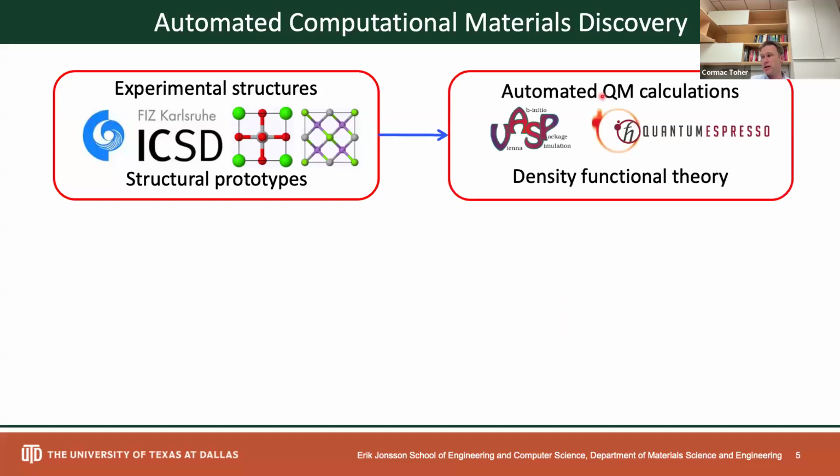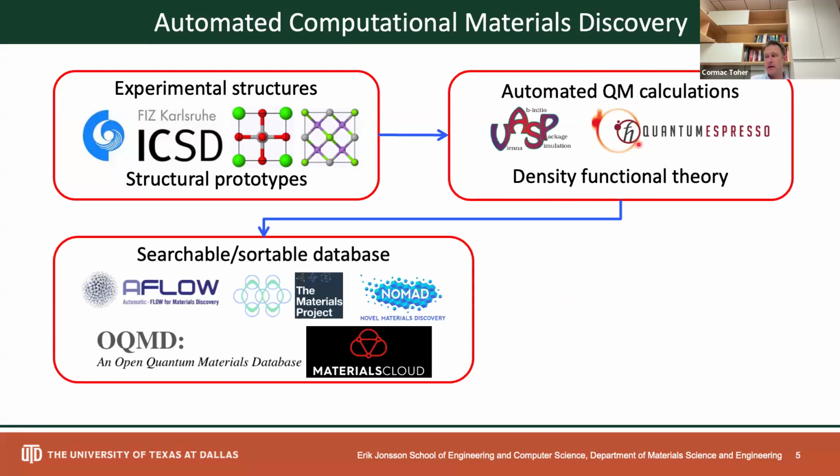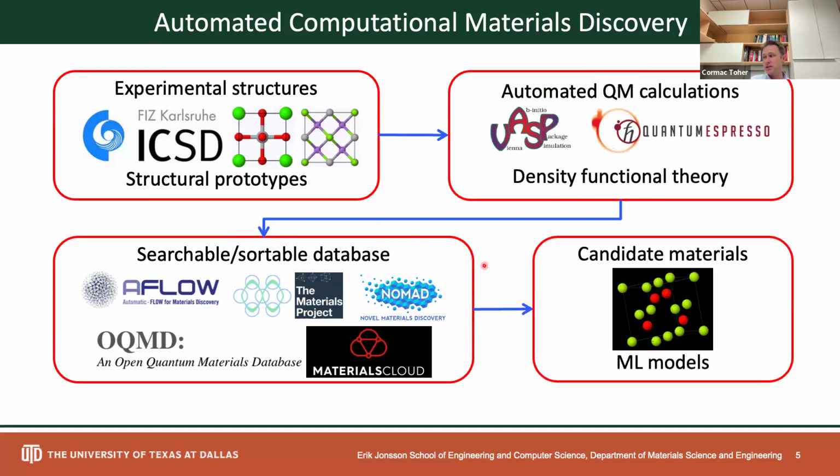Then you do calculations, usually at the quantum mechanics level, usually with density functional theory. Packages such as VASP or Quantum Espresso are generally the most popular ones. These are then piped into one of the databases I described earlier, and then you can interrogate this database.